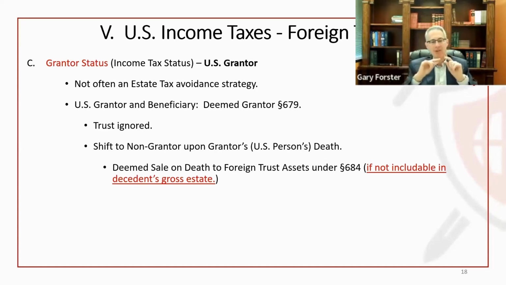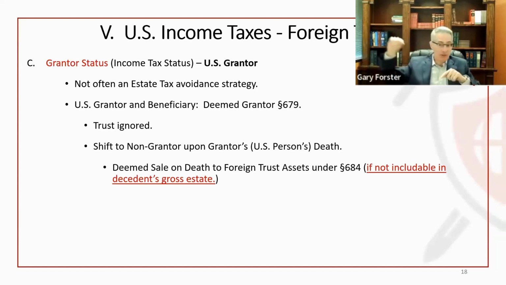But there's no tax, even at death, if those assets are in the US taxable estate of the grantor. So assets go over, they're ignored. There's a trigger on death, which says they're deemed sold unless they're in the US estate.